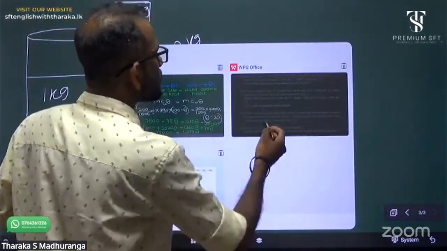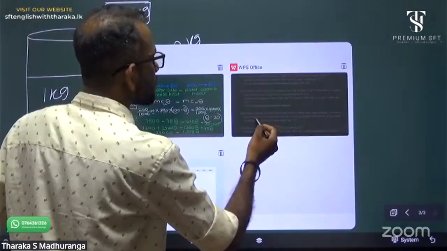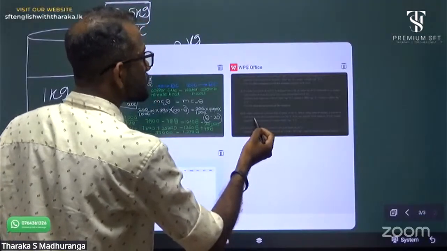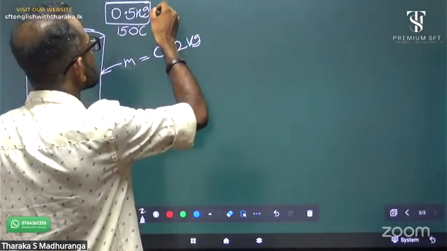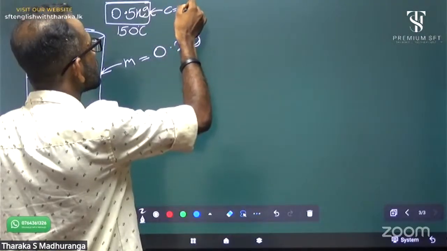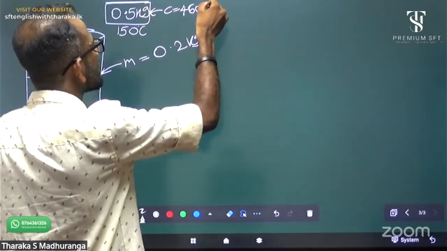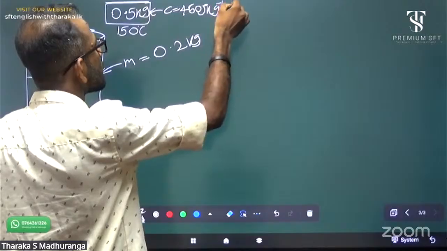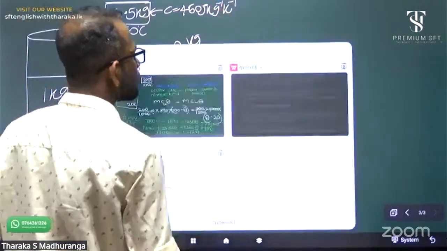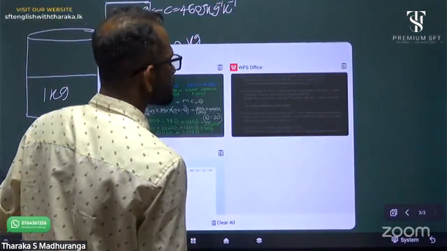The specific heat capacity of iron is 460 J kg⁻¹ K⁻¹. What else is given?